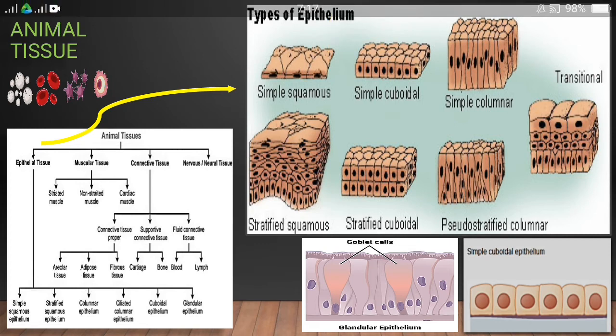Epithelial tissues form the protective covering and inner lining of the body and organs. They develop from the ectoderm, mesoderm, and endoderm of the embryo. So what are some of the important characteristics of epithelial tissues? Based on the given pictures, this can be single-layered or multi-layered.